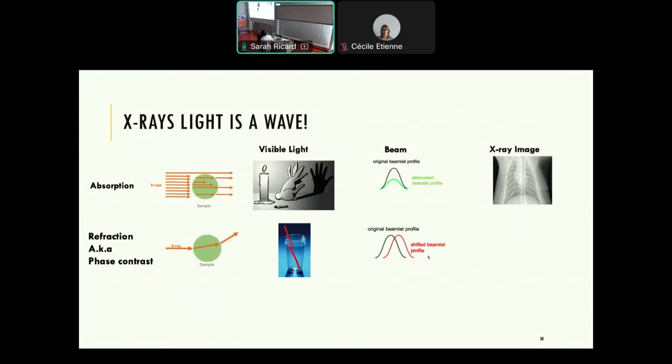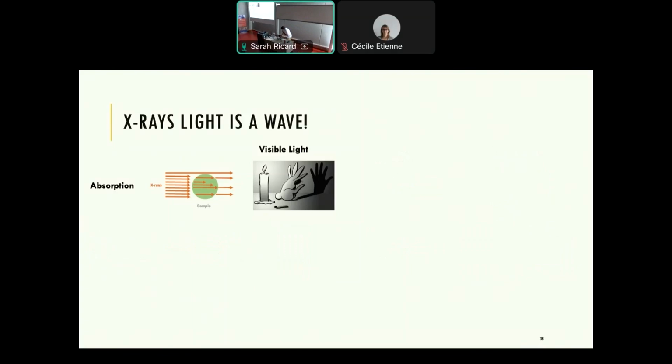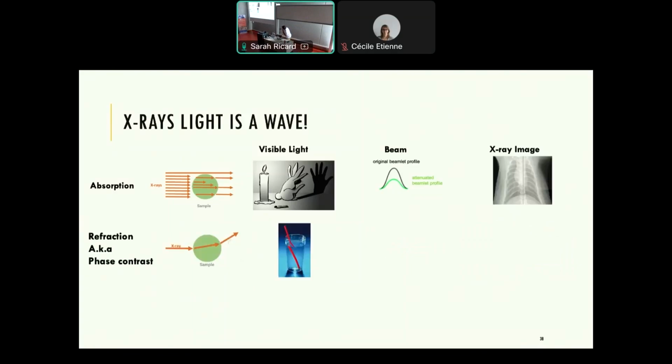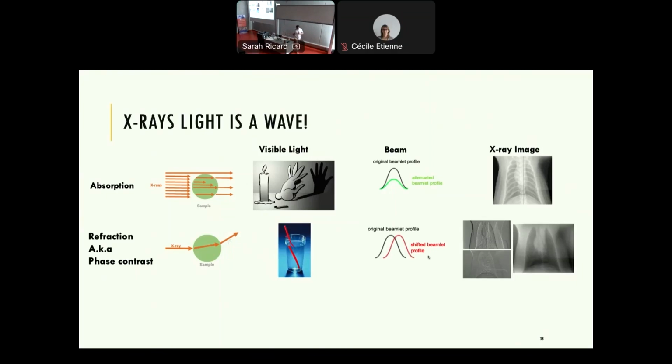So what we are measuring here is how the phase has been kicked, as was properly introduced earlier. In real life, it is the fact that the straw does not appear straight in the glass of water, and if you are in the water, the objects that you see are bigger than they are. And this gives you another type of contrast, and this is what we call the phase contrast.